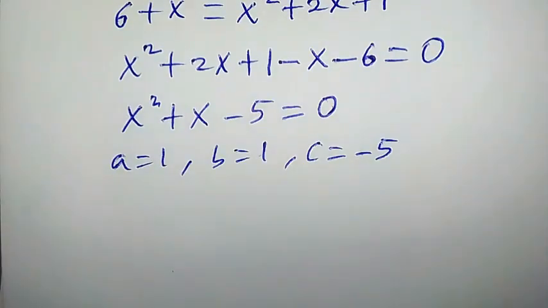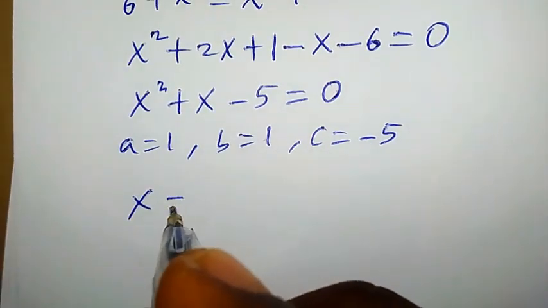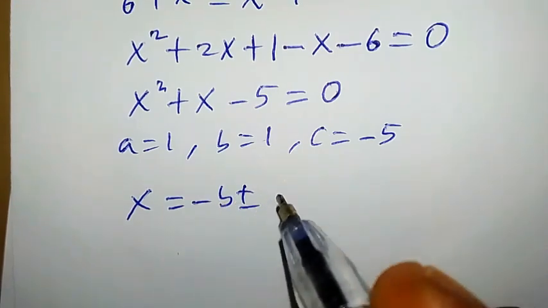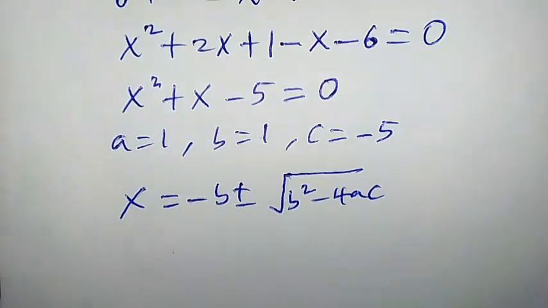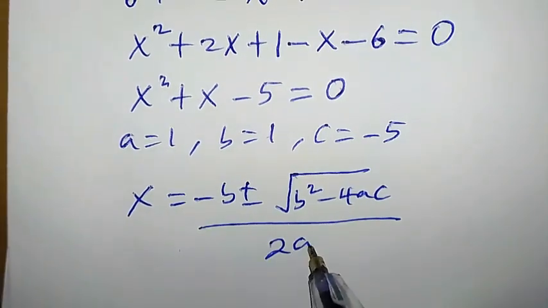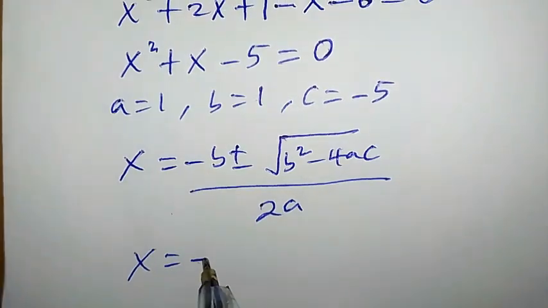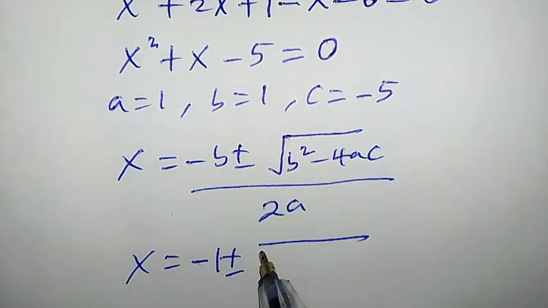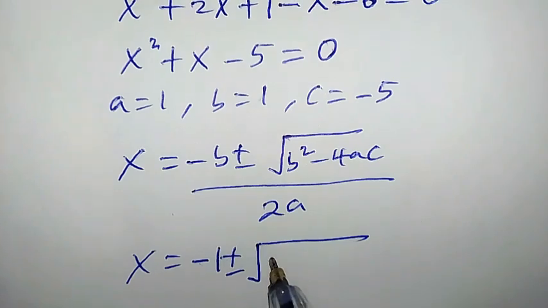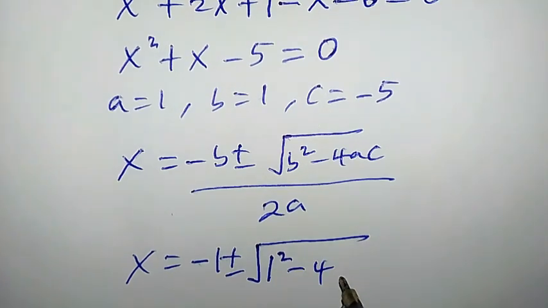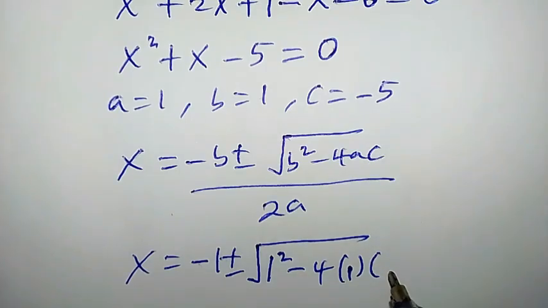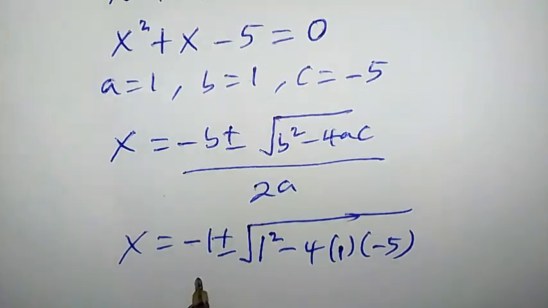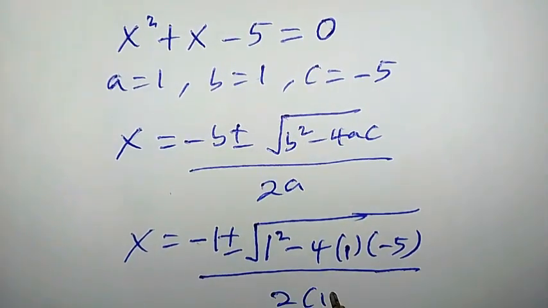What does the quadratic formula say? It says x equal to minus b plus or minus square root of b to the power of 2 minus 4ac all over 2a. X equal to minus, what is b? B is 1, so we have 1 plus or minus square root of, what is b? B is 1, that will be 1 to the power of 2 minus 4 times a is 1, times c is negative 5, all over 2 times 1.